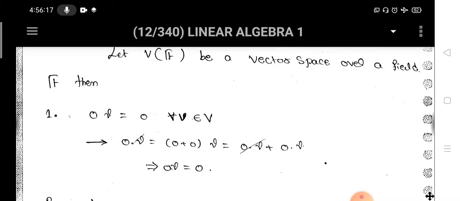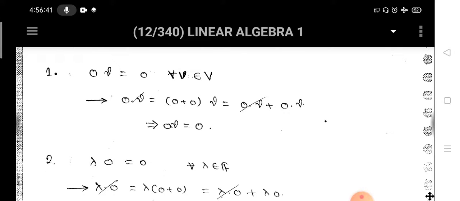It can be easily derived because 0 into V can be written as (0 plus 0) into V, since adding 0 to 0 gives back 0. Now if you use the property of vector space, this is 0 dot V plus 0 dot V, so that means this is again equal to 0. So 0 dot V is equal to 0.